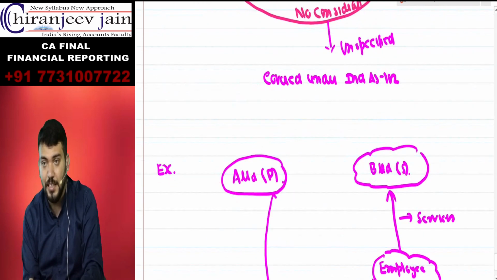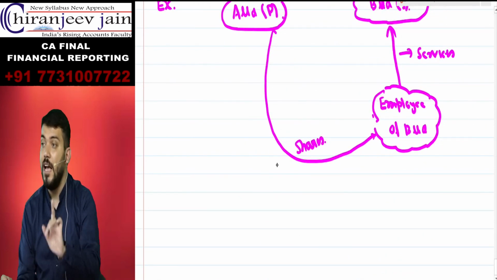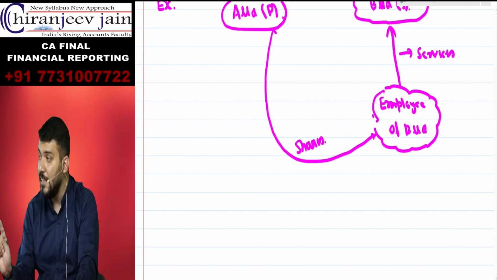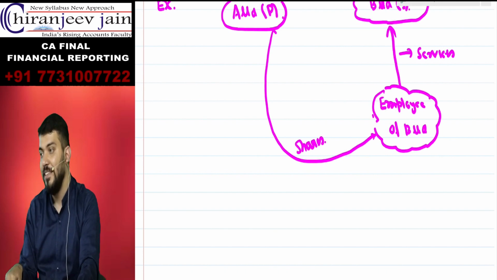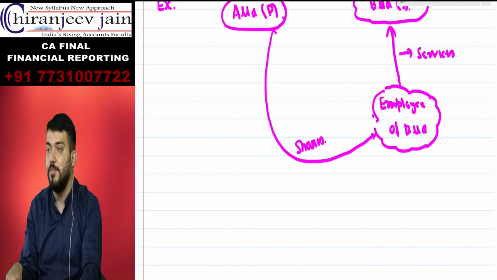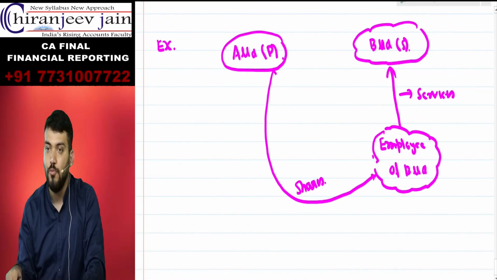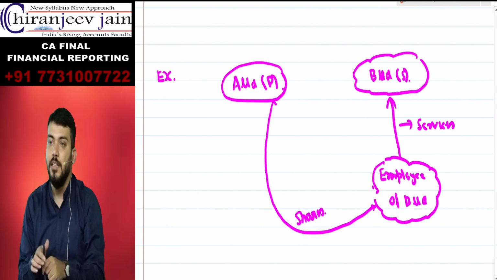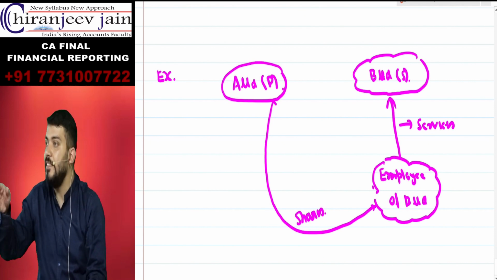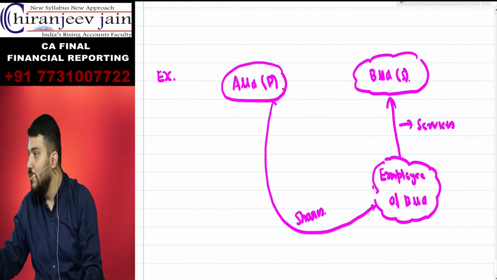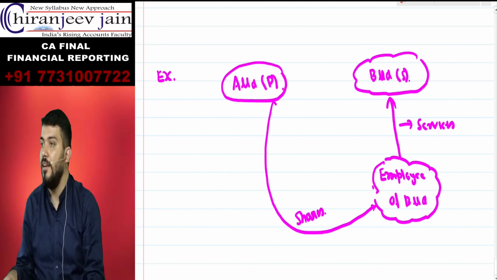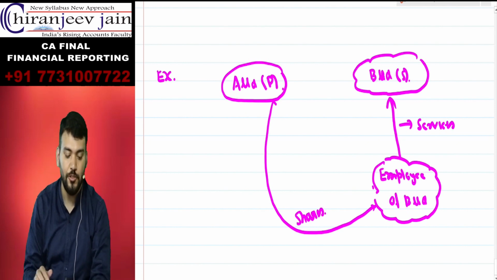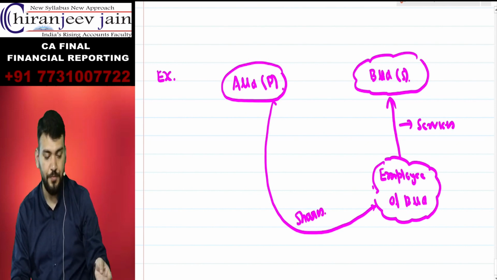Then it is covered under Ind AS 102. Understood why I am writing group entity at the beginning? So for this example, it can be an agreement between the group entity and an employee of B Limited. Understood? I think you have understood.